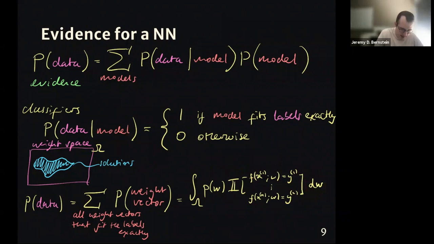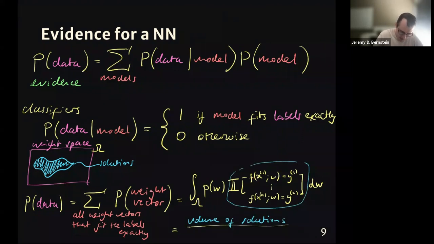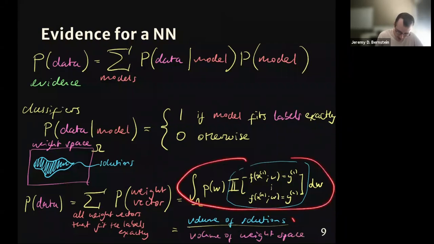And then what this ends up being is the volume of solutions, where a solution means something where this indicator function returns 1, divided by the volume of weight space. Do you see why this integral ends up looking like this?